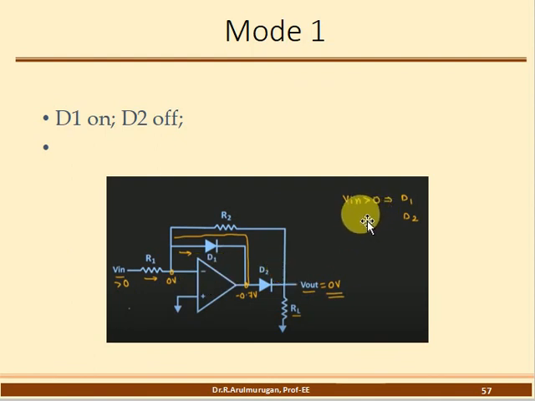First, the mode 1 condition: V in greater than 0. Remove D2, since D2 is reverse biased. Current flows from the source through diode D1 and will reach here.